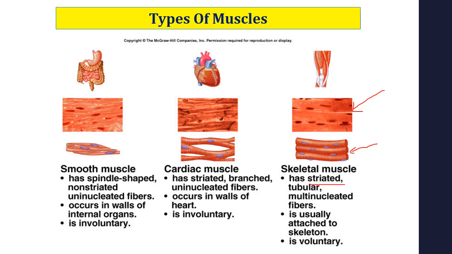Compared to the other two types of muscle, your skeletal muscle has multiple nuclei, which is why we call it multinucleated. And of course it is attached to your skeleton, which is why it is called a skeletal muscle. Most importantly, this is the only muscle that is voluntary in its actions.